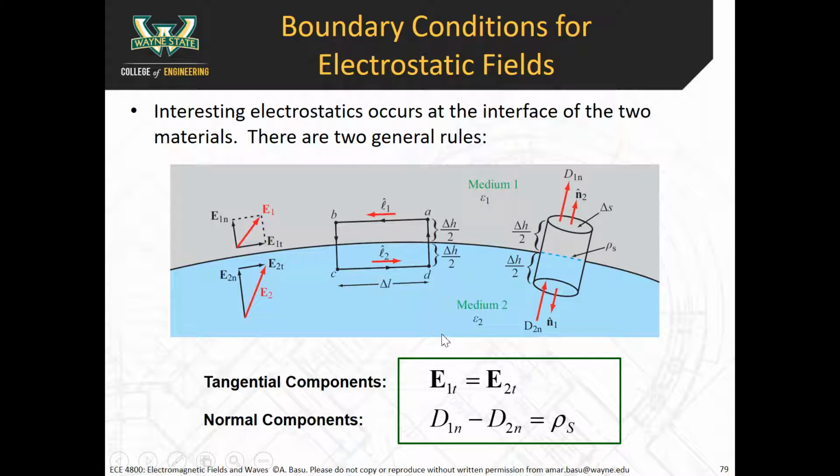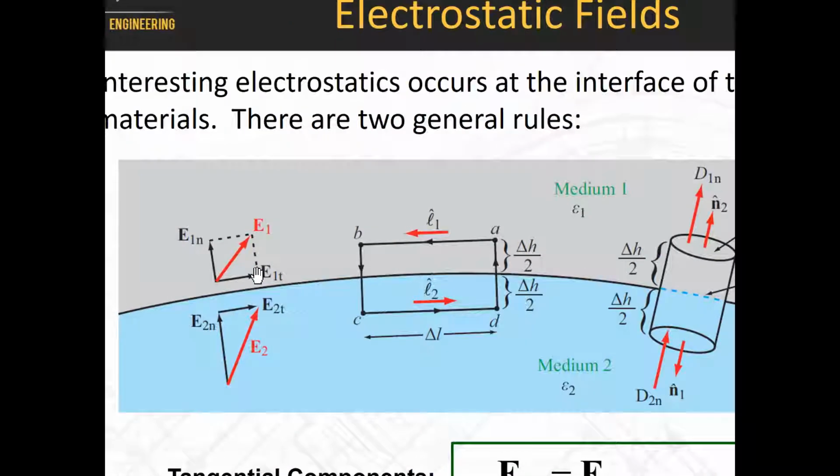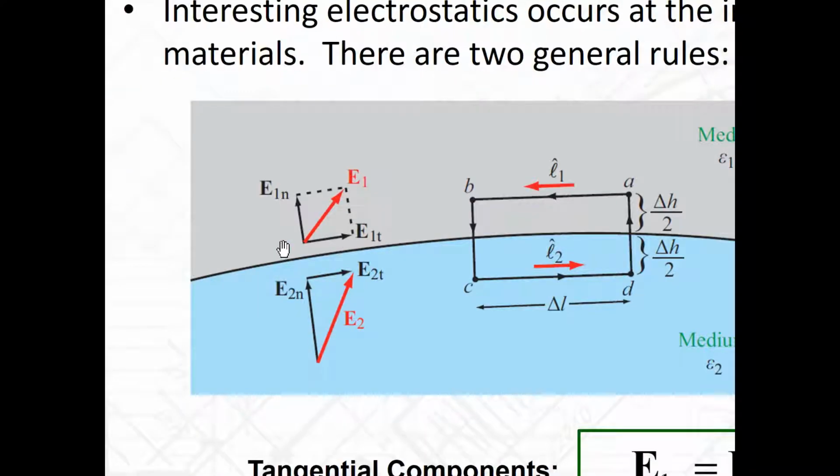The tangential components turn out to be continuous. What do I mean by the tangential component? Suppose we have an electric field E1 and E2 here like this. If a field E1 is incident at an interface, it's going to have a normal component and a tangential component. This is the surface, and that surface has a certain angle.